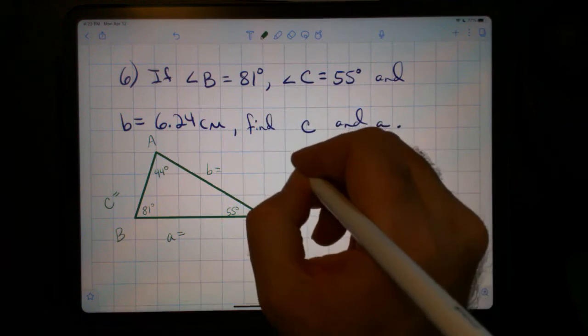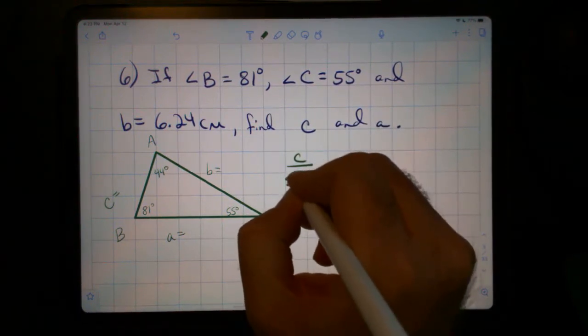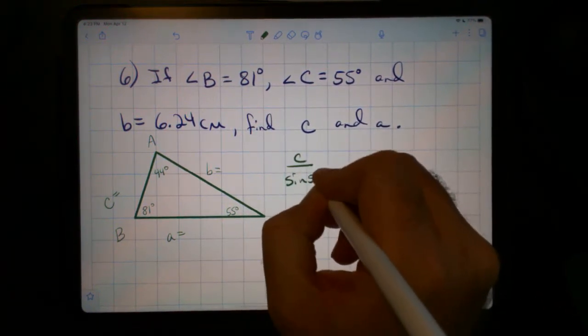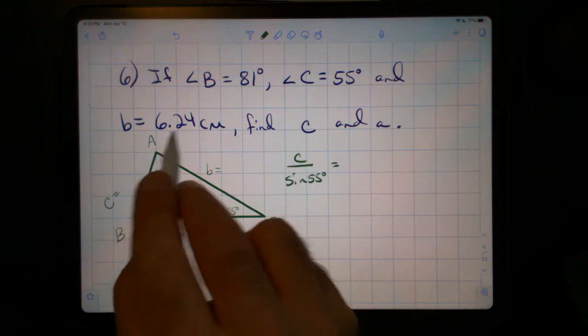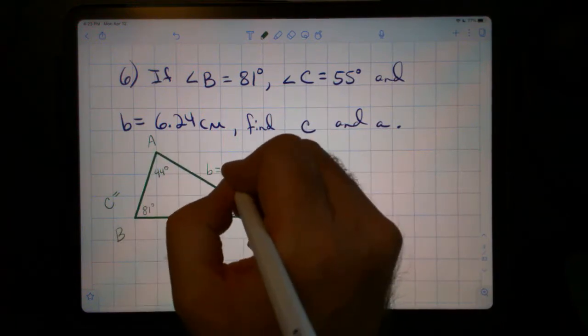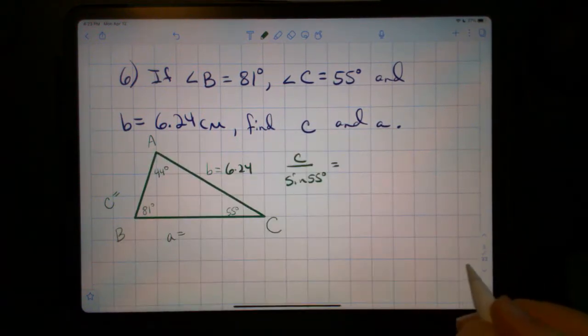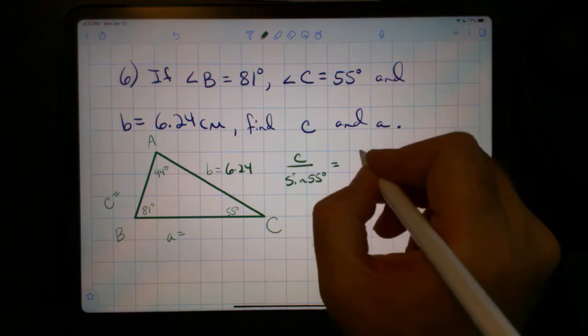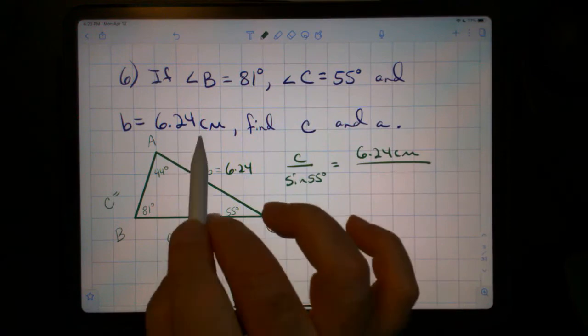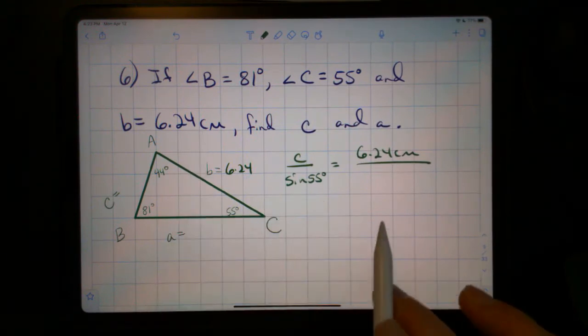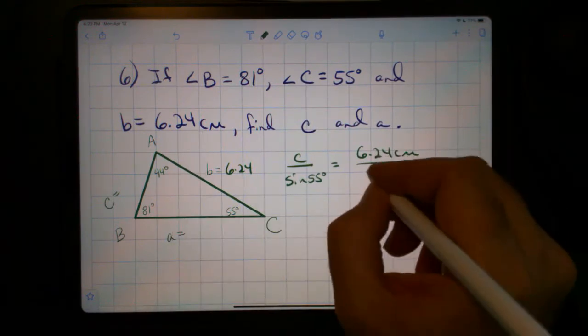So what I have is c over sine of C is, some more information. b is 6.24. So let's go with 6.24 centimeters over, that's the unit I am in, over sine of 81.